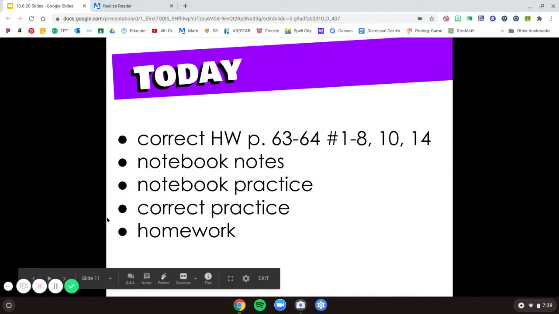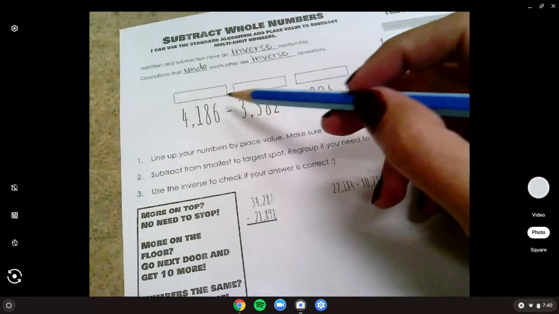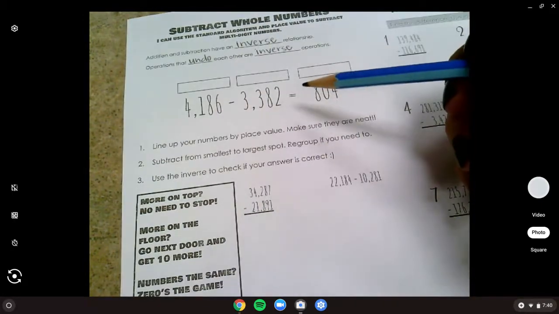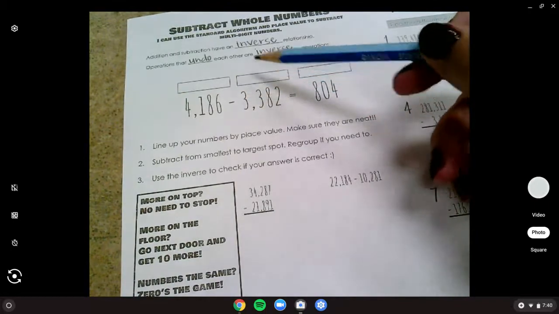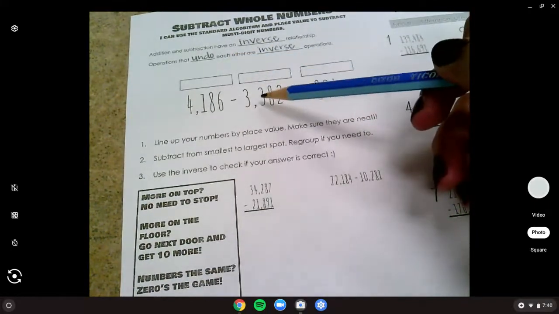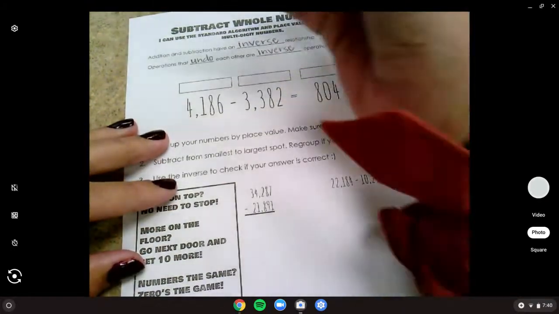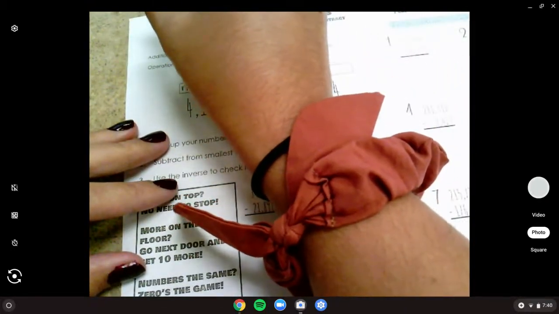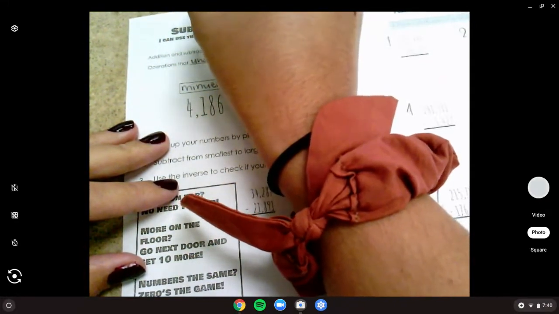Okay, I'm back. So, what we need to do next is name these vocabulary words. So, when I have two numbers that I was adding, these were my add-ins. But when we are subtracting, they have really, really different words. The first one is called our minuend. Say that with me. Minuend.